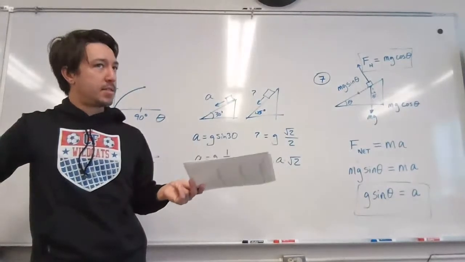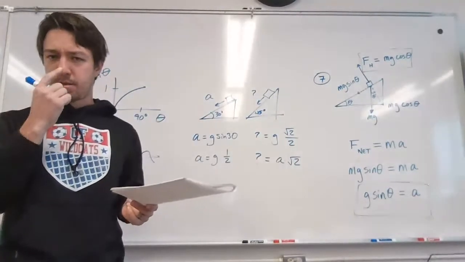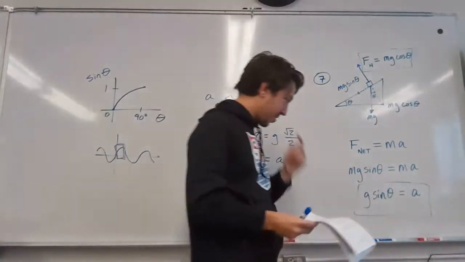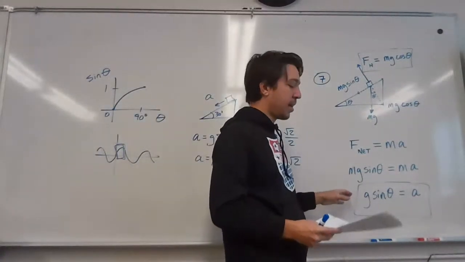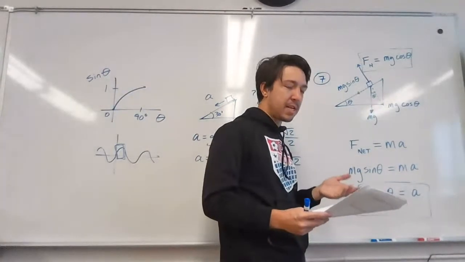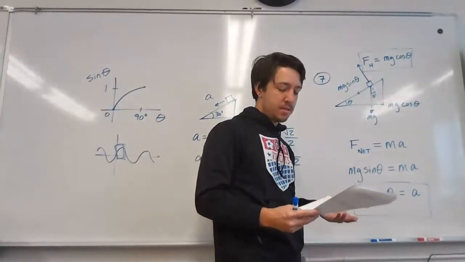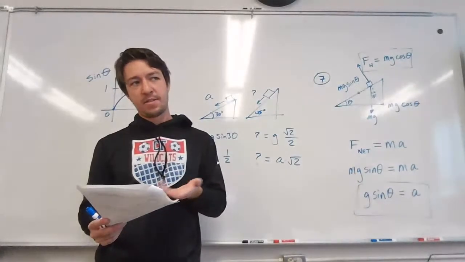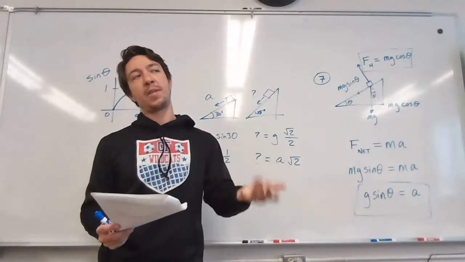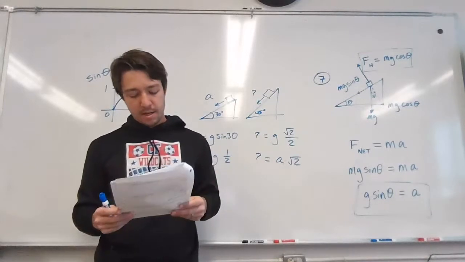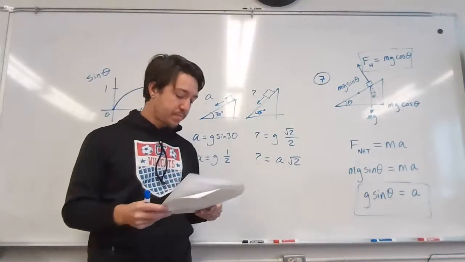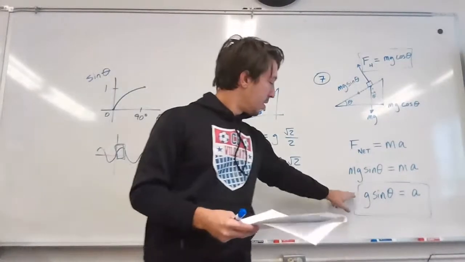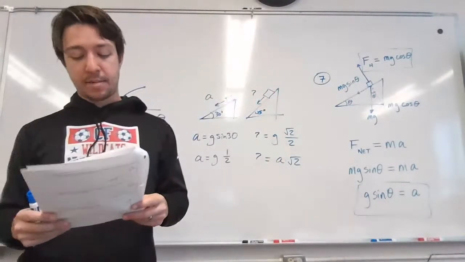Because, yes, we can be really fancy and say it's invariant to the mass. The key here is don't let the 59 and the 7 fool you. You can see why most people might go, well, the 59 is heavier. They might think that the heavier block is going to go faster, but it's not the case. So that one, the 7-kilogram block, because 20 degrees has a bigger sine value.